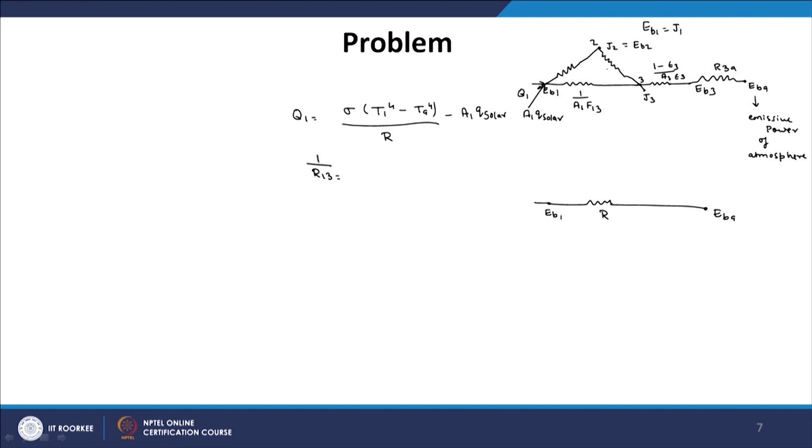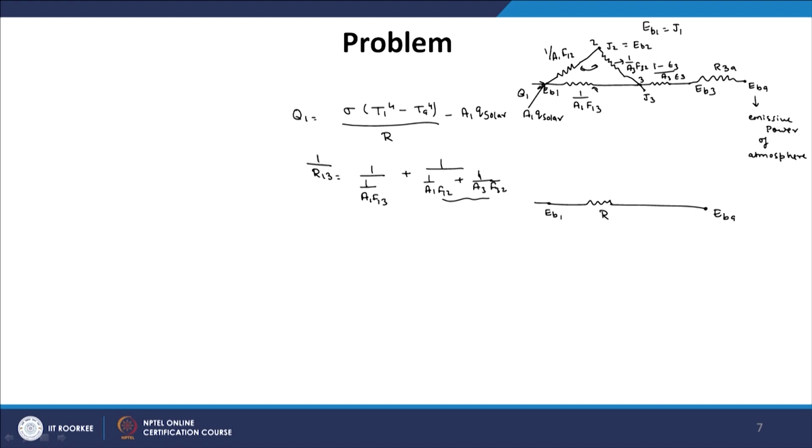So, what we have is these two are in series and this is in parallel. So, R13 is equal to 1 upon A1 F13, plus 1 upon A1 F12 plus 1 upon A3 F32. These are in series. This resistance is equal to 1 upon A1 F12 and this resistance is equal to 1 upon A3 F32.